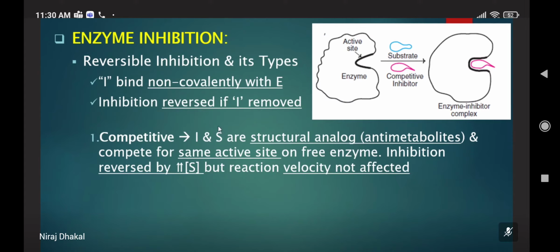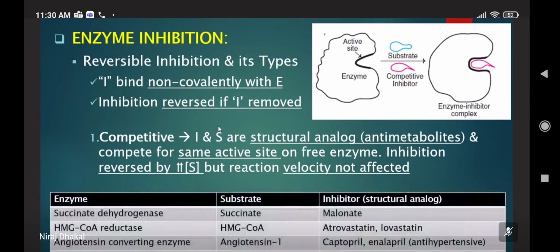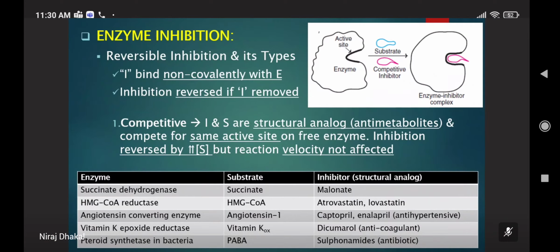So this one is the competitive reversible inhibition, and in this table you can see examples that are based on competitive and reversible enzyme inhibition. For example, succinate dehydrogenase, the usual substrate is succinate, and these two are structurally related.